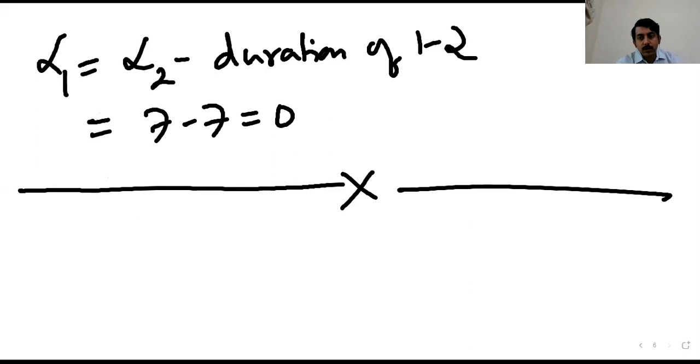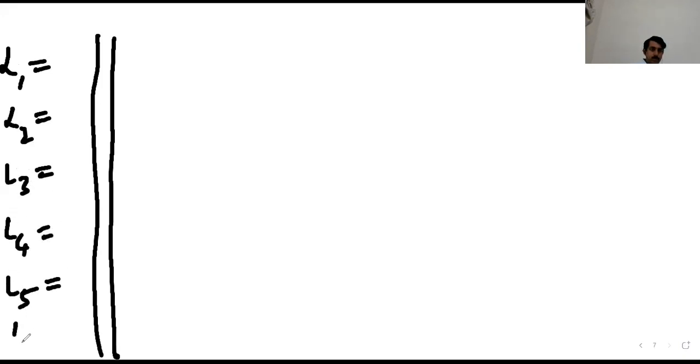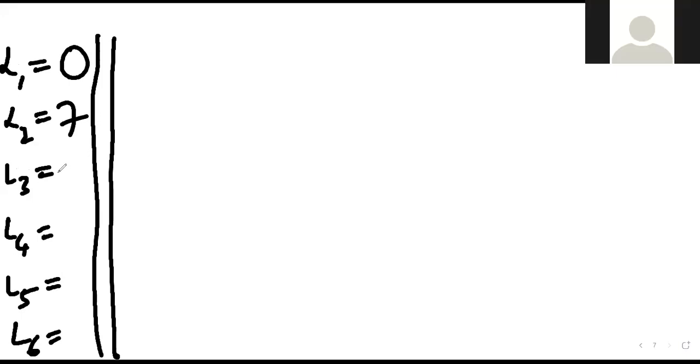Okay. So with this, what we'll do is first make a list of the L values. What was L2? It was 7. That's what I remember. Okay, L3, 17. Okay, L4, 19.